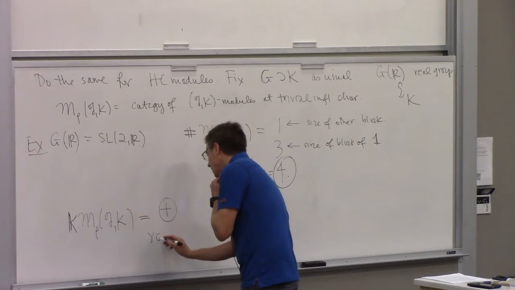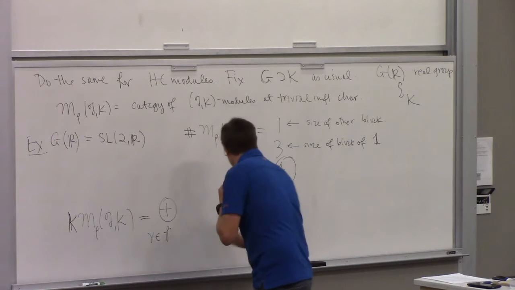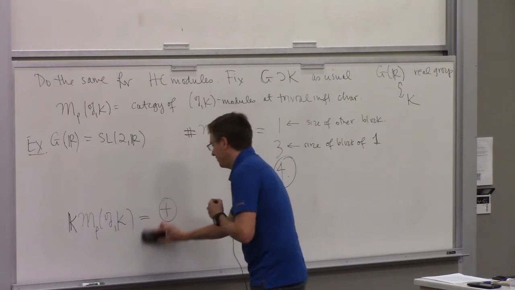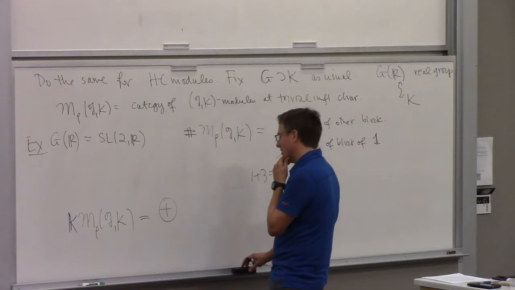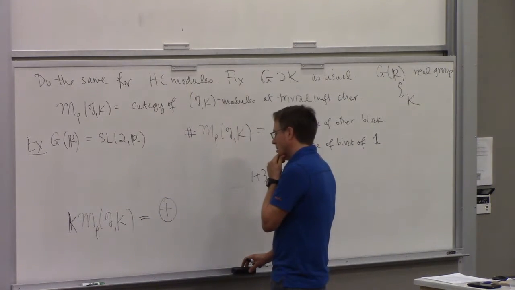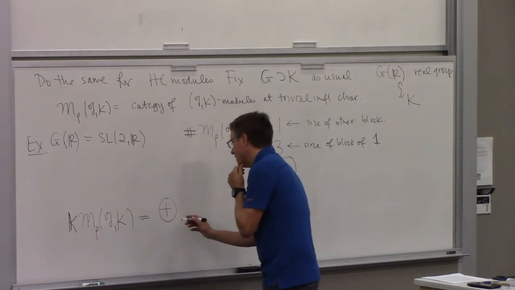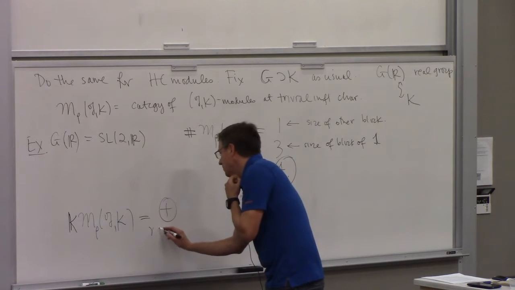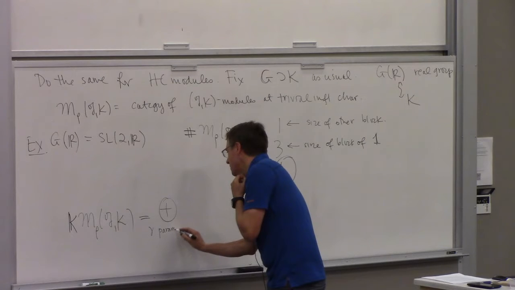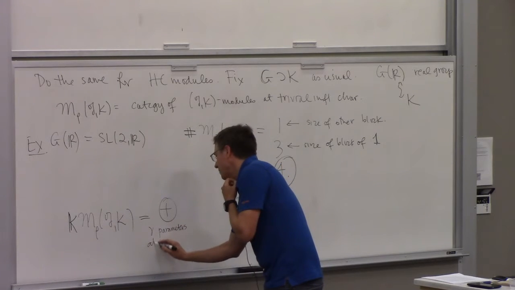So let me write it this way. Now, am I going to get into trouble? Maybe not. So these are parameters having infinitesimal character rho.